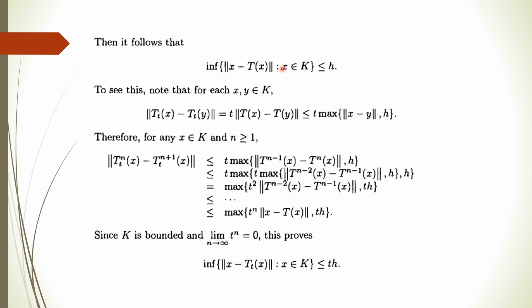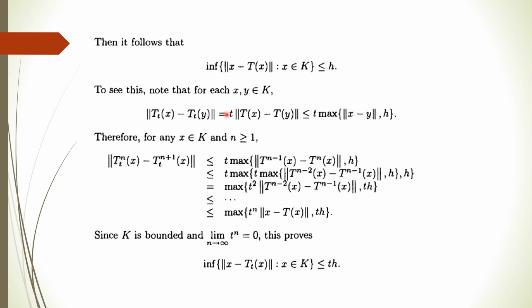So we have to show that the infimum of the norm of x minus Tx, whenever x belongs to K, is less than or equal to h. To see this, we can consider any two elements of K and we can find the norm of T_t x minus T_t y. Now substitute the value of T_t x as we have defined earlier in the previous slide. So substitute over here, you will get this is equal to t times norm of Tx minus Ty. The rest of the terms will be cancelled out, and we can take t outside of this norm because t is strictly greater than 0.